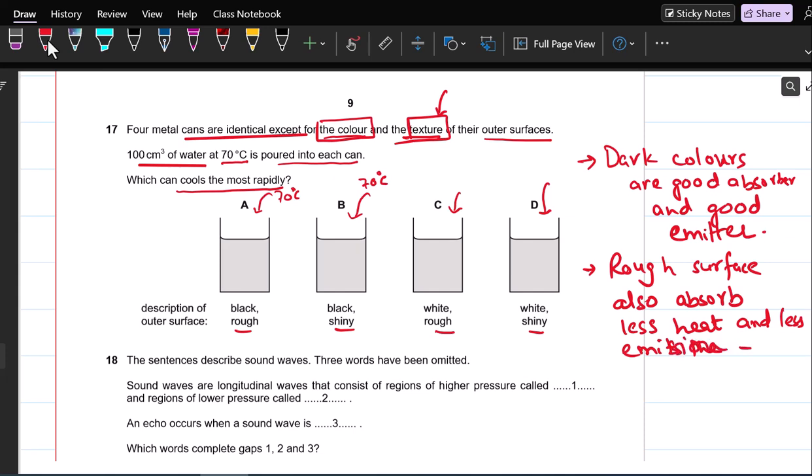So here black and rough, black and shiny. Shiny is a reflector as well, so it is not suitable. Rough is not a reflecting surface. So white is not possible. So A is suitable here, dark color and rough surface.